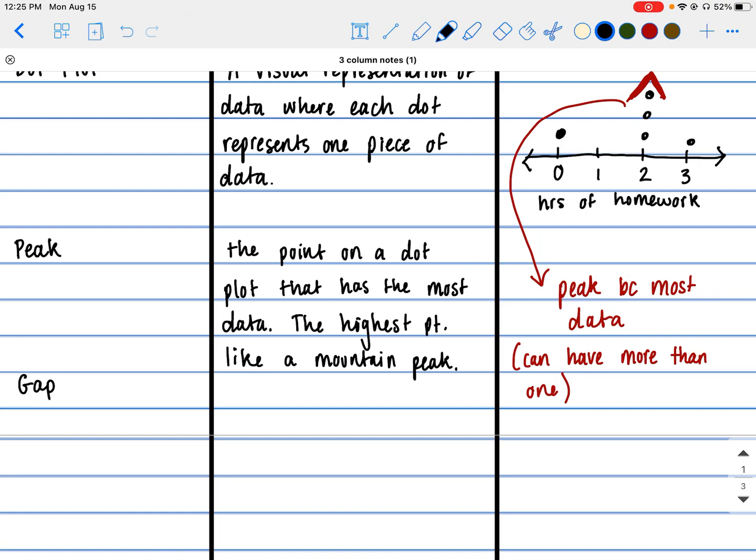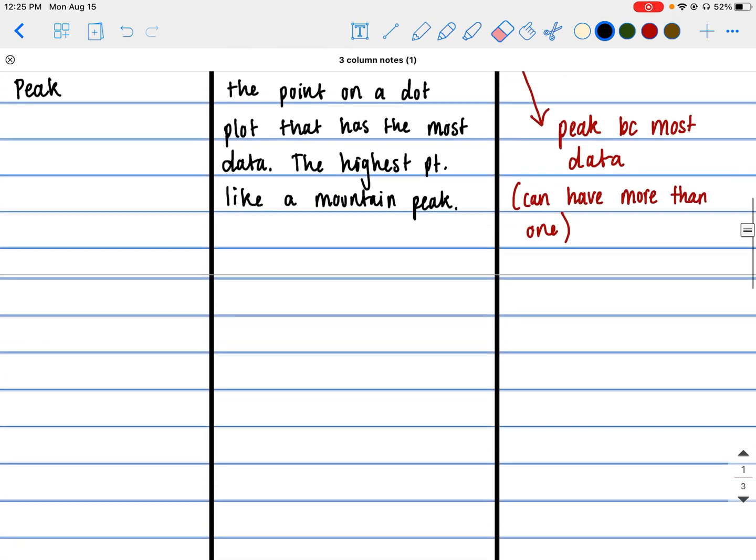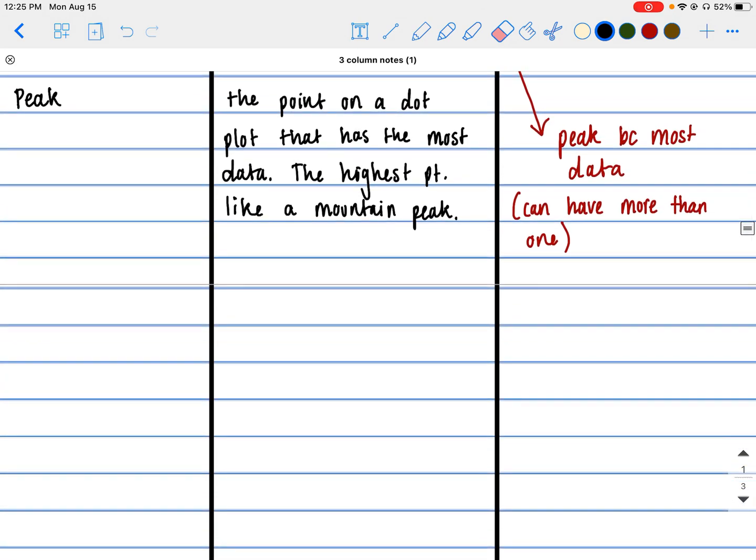And a gap, oops, I should just move down, making these a little neater. And a gap is going to be an area on a dot plot where there's no data.